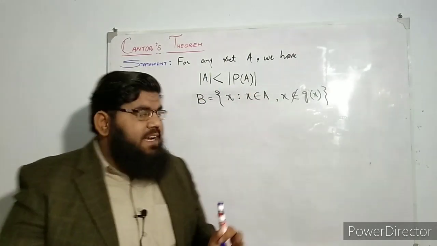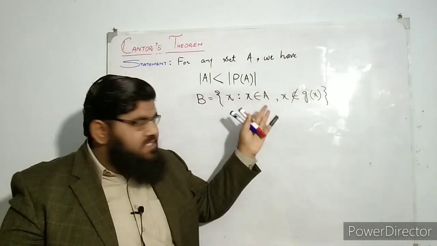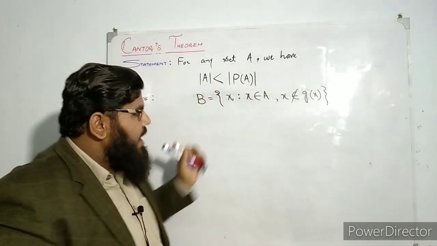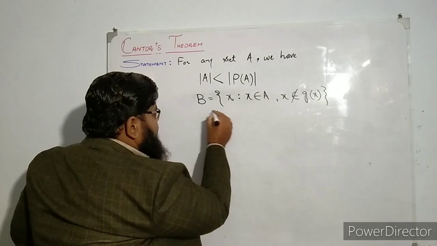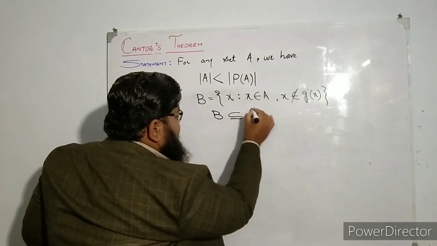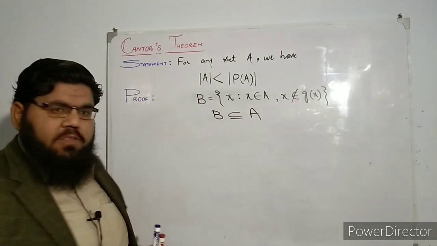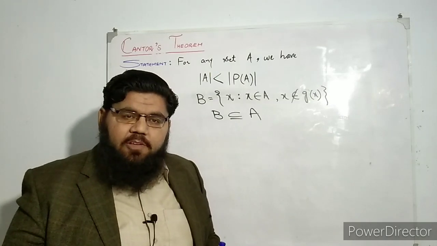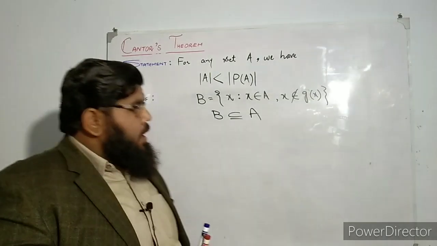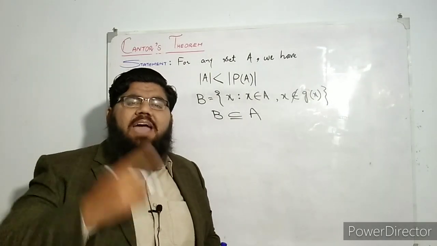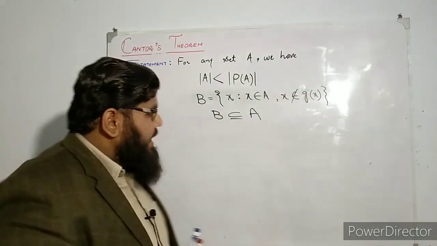So if B is containing all bad elements of this set A, it's quite obvious that this set B is a subset of A. Okay, now we are going to introduce another mapping.